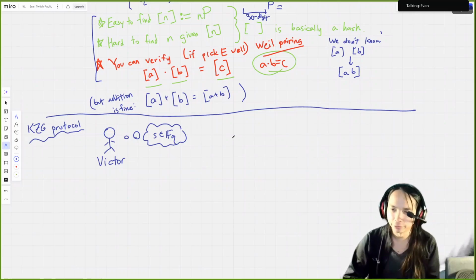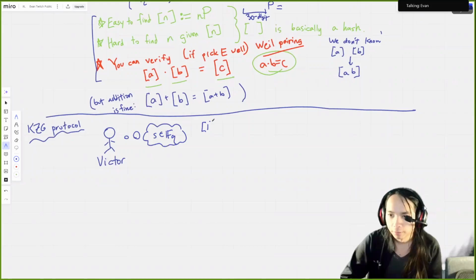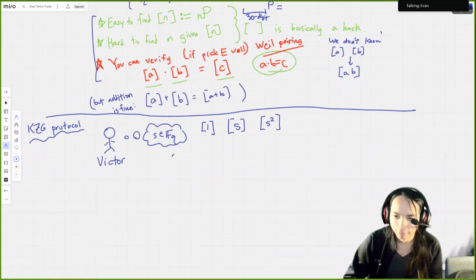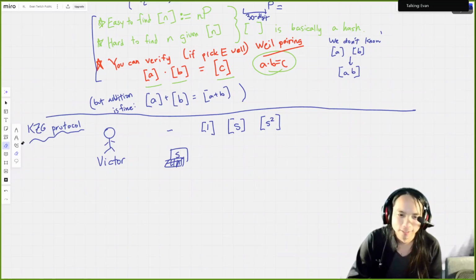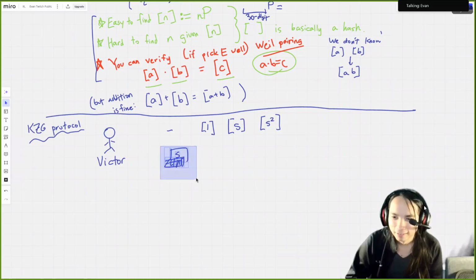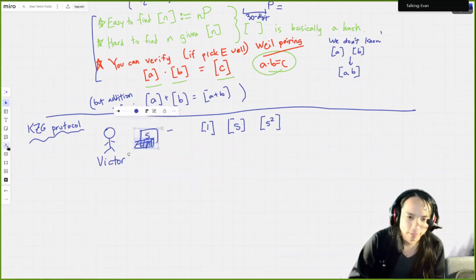And what Victor's going to do is compute all the following numbers: 1, S, S squared. So Victor has this laptop that knows the value of S. Here's Victor's laptop.